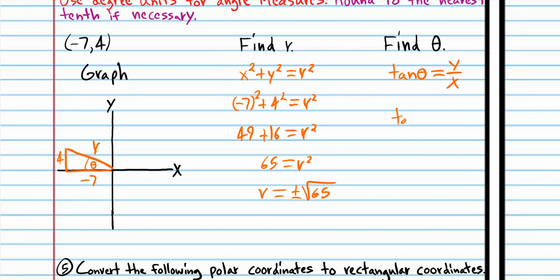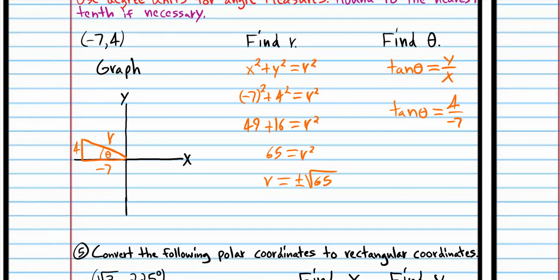So tangent theta is equal to y, which is 4 over negative 7. And we want to find theta, but we can't, because this is not a special ratio.